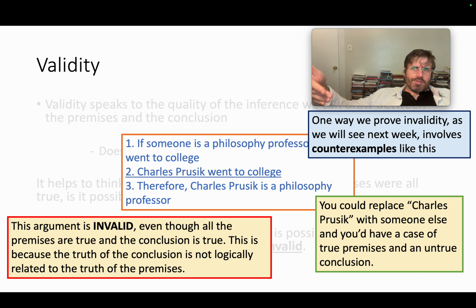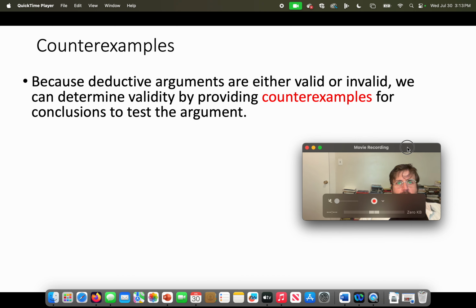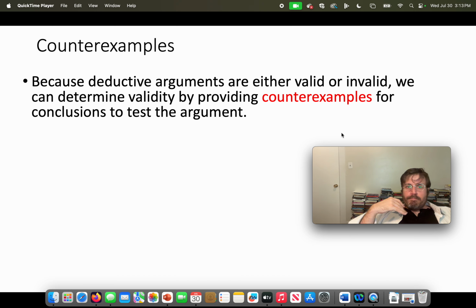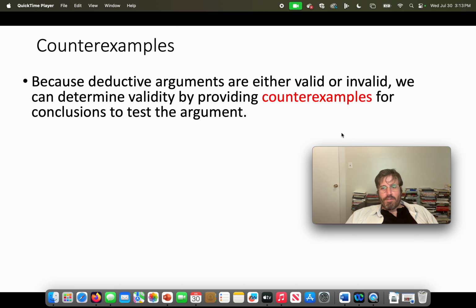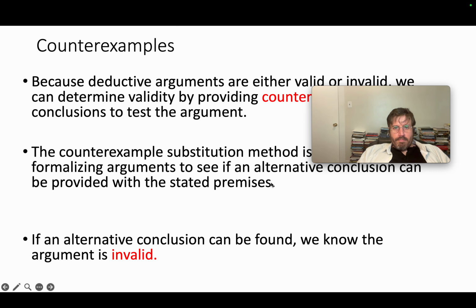And this will become easier to do as we formalize the arguments in question. So let's have a look at this. The counterexample method deals with the idea of putting to the test the necessity of conclusions in deductive arguments. Because deductive arguments are either valid or invalid, we can determine validity by providing counterexamples for conclusions to test the argument.